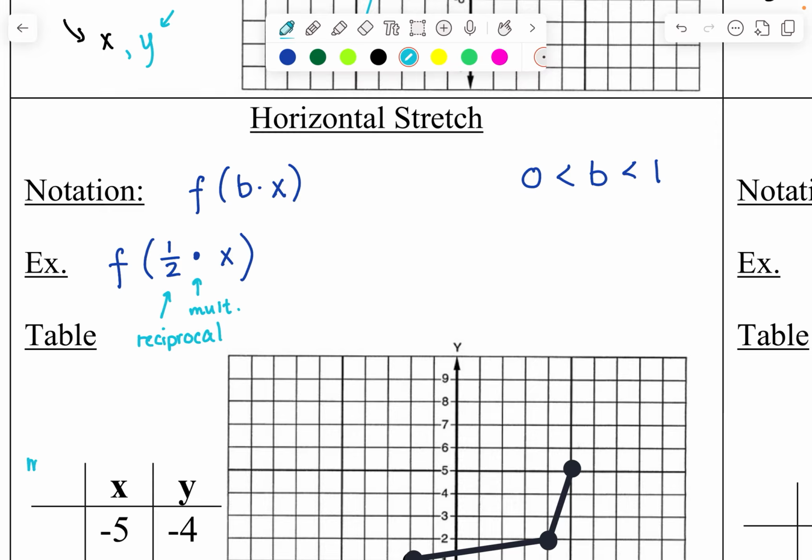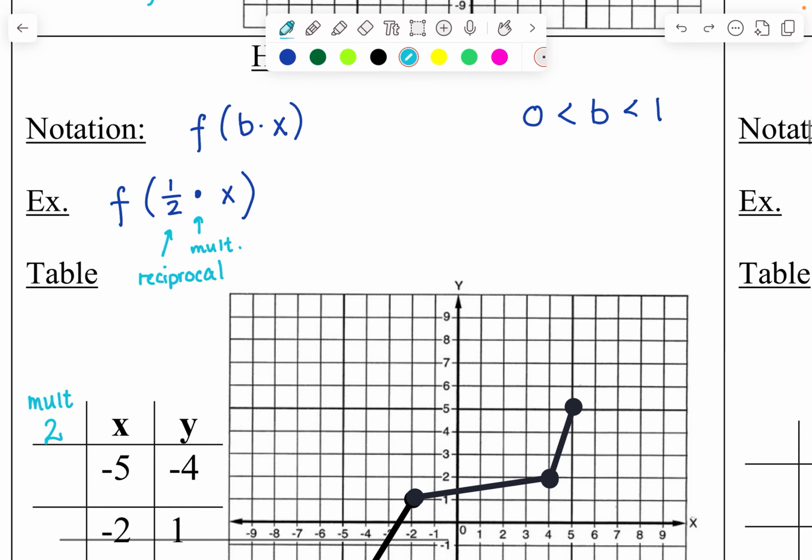So I multiply by 2. This is what's going to give us that stretch. So we do the opposite. Reciprocal. I'm not going to even write opposite, because opposite would imply the opposite sign, and I don't want to do that. I'm multiplying by the reciprocal.